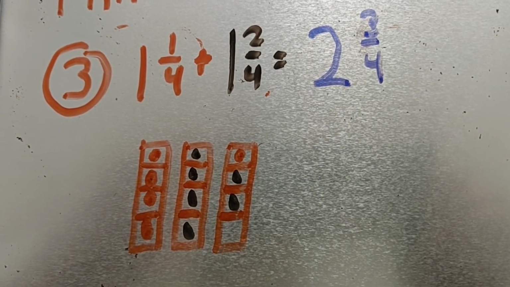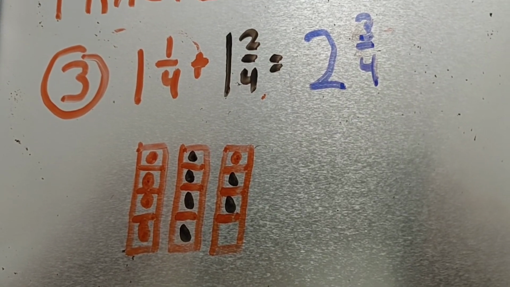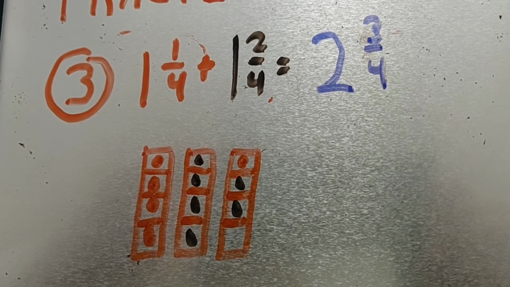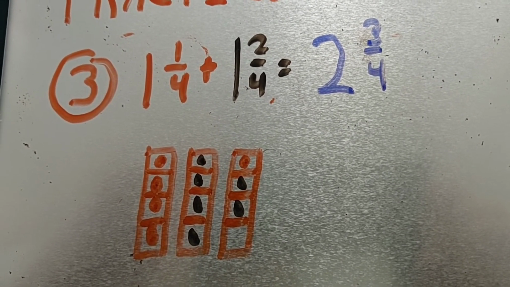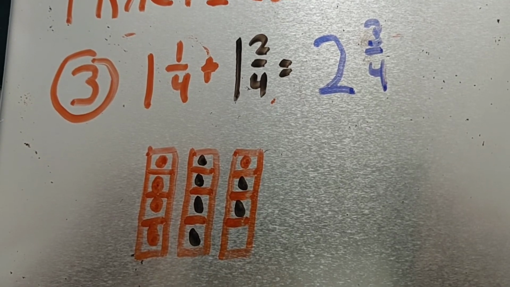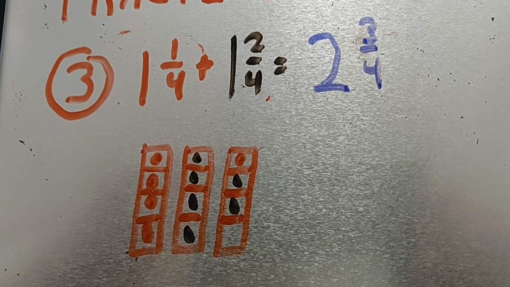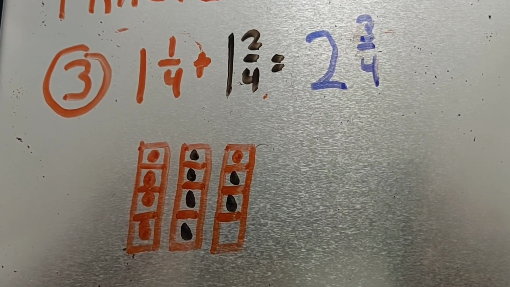And now we still have to add in or join together the 1/4 and 2/4. So notice that on the right hand side, we shaded in the 1/4 from 1 and 1/4, and on the right hand side after that we shaded in the 2/4 from 1 and 2/4, and all together we got 2 and 3/4.